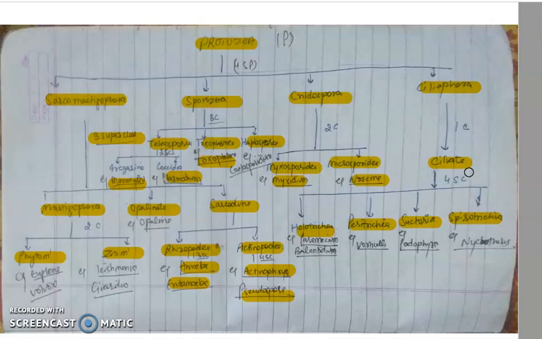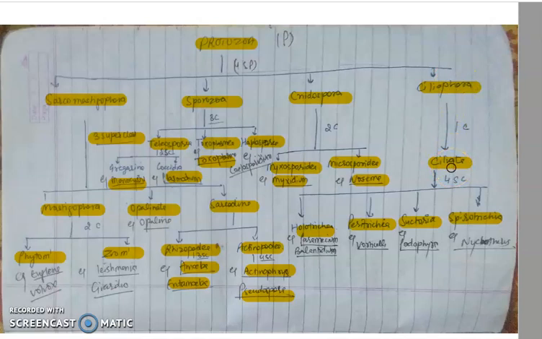The macronucleus is vegetative and polyploid, and the micronucleus is reproductive and diploid. It shows both kinds of reproduction, sexual and asexual. Asexual reproduction occurs by binary fission, and sexual reproduction occurs by conjugation. So it has only one class, Ciliata.